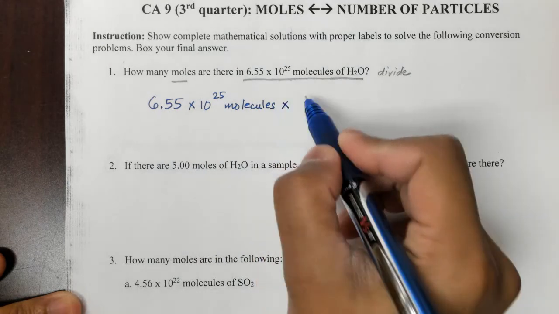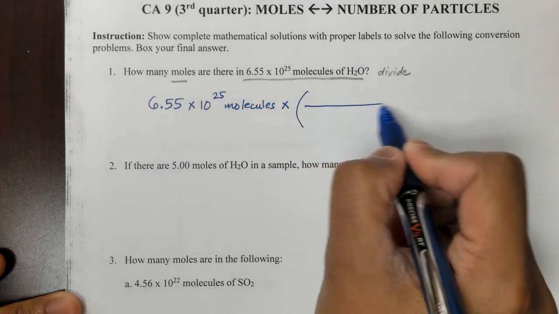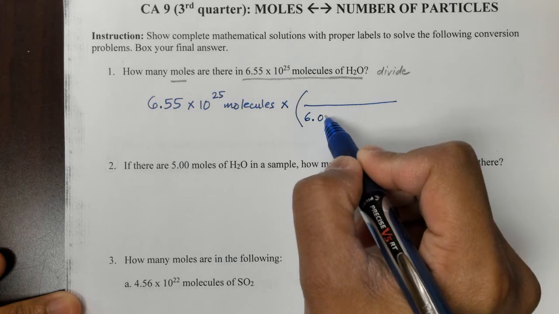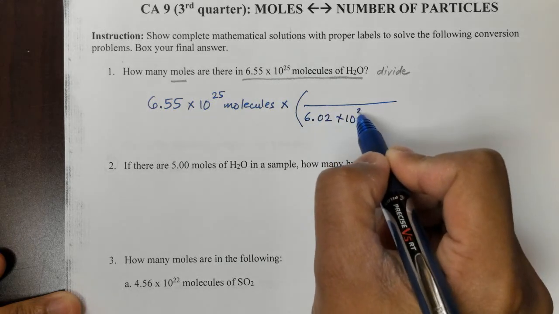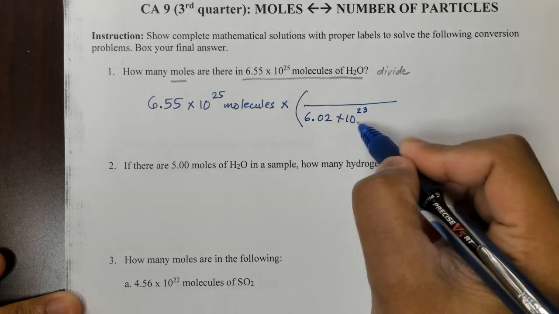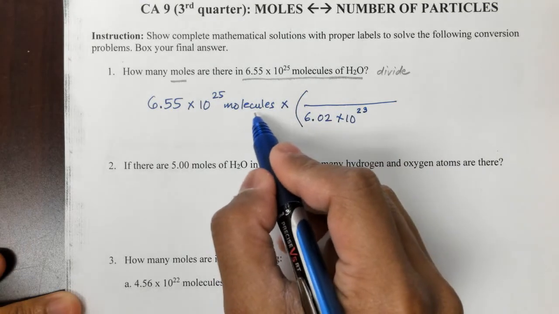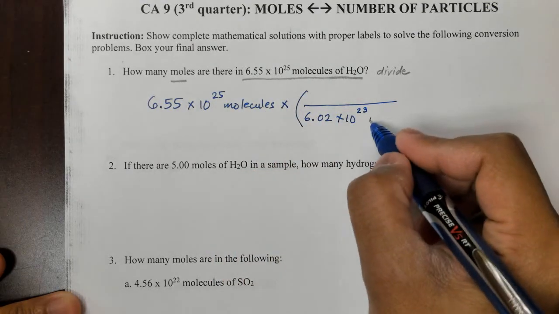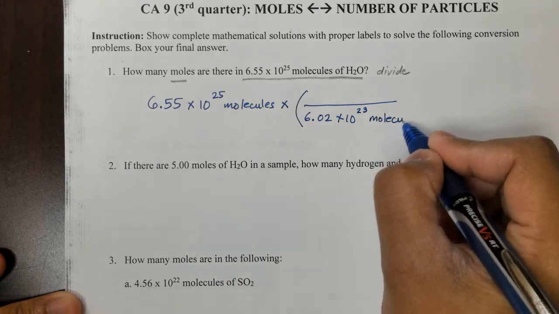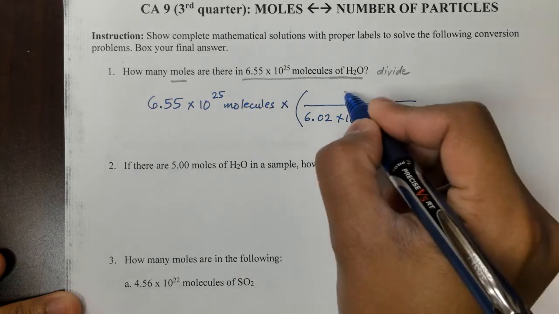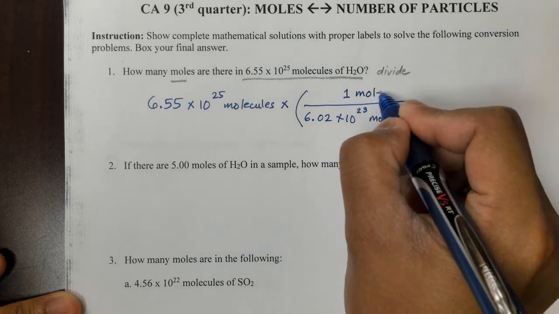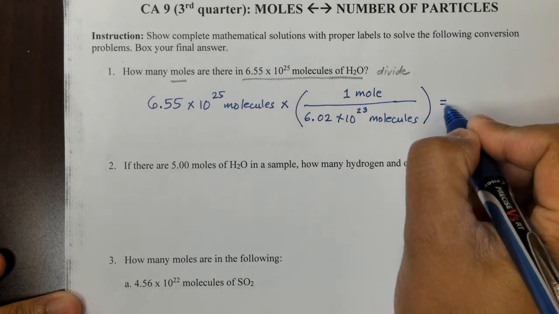And then we're going to multiply it. And because it's divide, the 6.02 times 10 to the 23 will be below. And the unit for that, I will just follow whatever is the unit in the given. So that's going to be molecules in here. And of course, the one on top will always be 1 mole. And then I close the parenthesis.